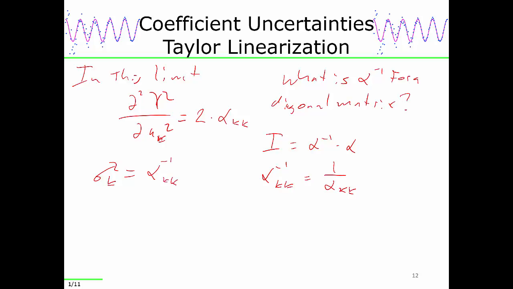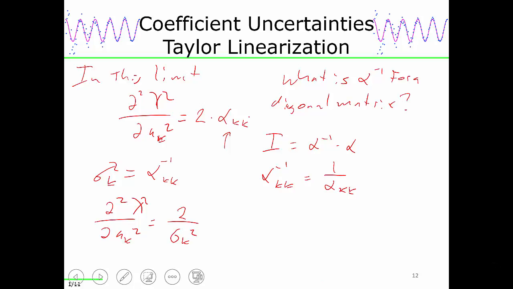Okay, yeah, I think this will work out. So if the uncertainty is just 1 over that, then if we now substitute in here, we're going to have that del squared chi squared del a_k squared is going to equal 2 over sigma k squared. By substituting alpha kk is 1 over alpha inverse kk, and alpha inverse kk is equal to the variance in parameter k.